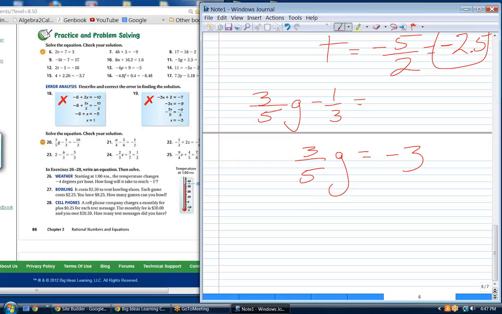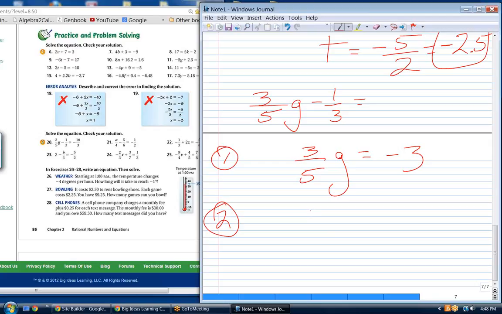Now, you could say that that's step 1. What's step 2? You multiply by 3 on both sides. Not by 3. You always multiply by the denominator. By 5. Okay, so let's multiply both sides by 5.